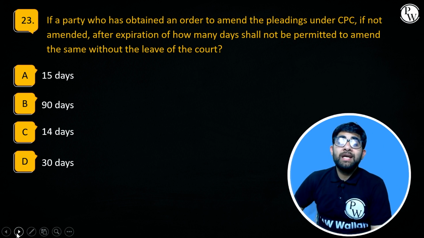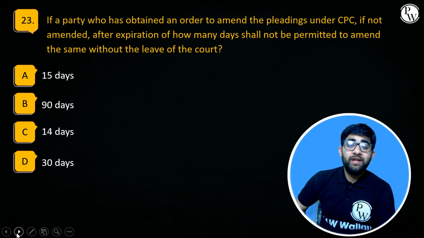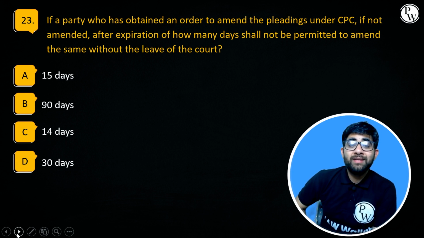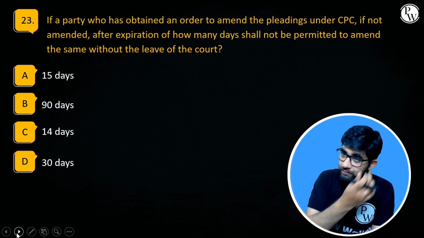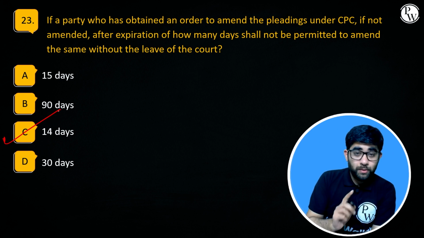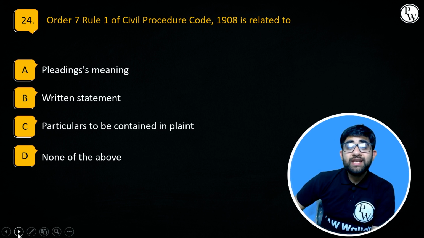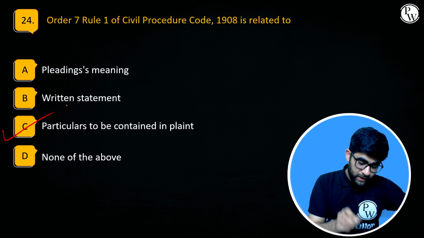23rd, if a party has obtained an order to amend the pleadings under CPC, if not amended after expiration of how many days shall not be permitted to amend the same without the leave of the court? The answer to this is 14 days. This is a direct question, I knew. 24th, Order 7, Rule 1 of CPC 1908 is related to pleadings, meaning written statement, particulars to be contained in the plaint.